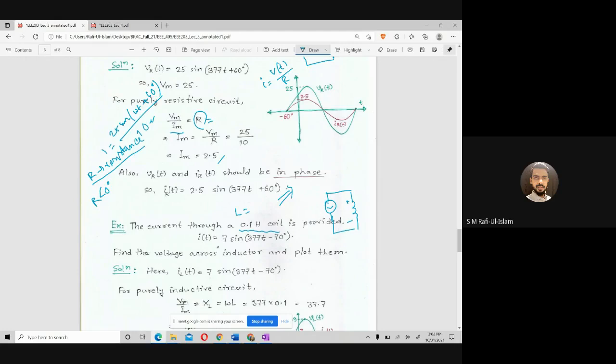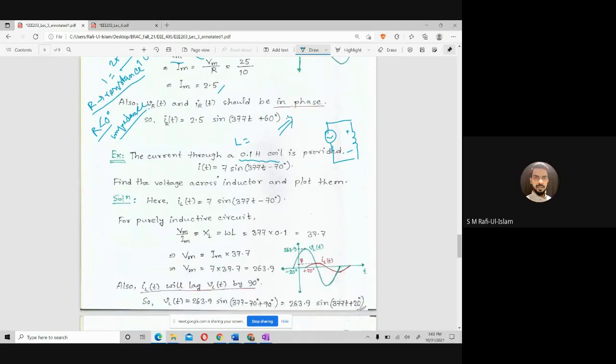But some people say I can express any number as a complex number, with an angle of 0 degrees. It's not a complex number, it's a complex form. So this is nothing but the impedance. For the resistive circuit, the impedance and resistance are the same. Am I clear now? Yes, sir. Thank you so much.